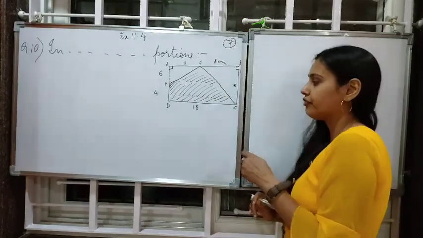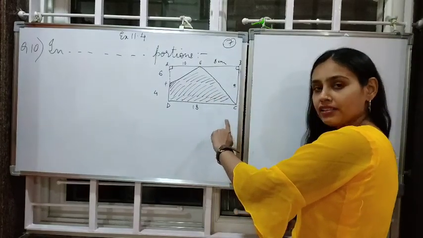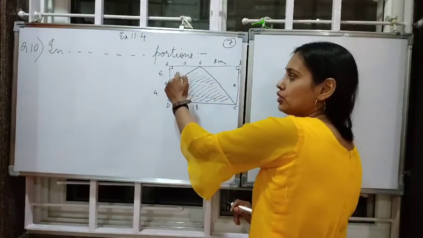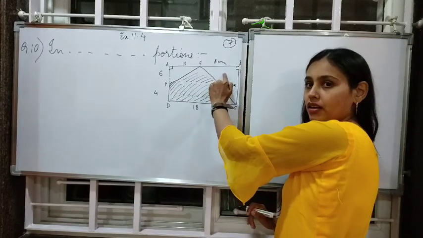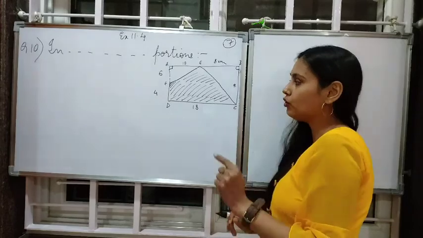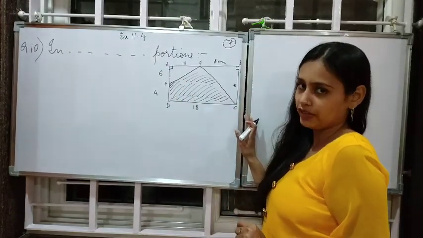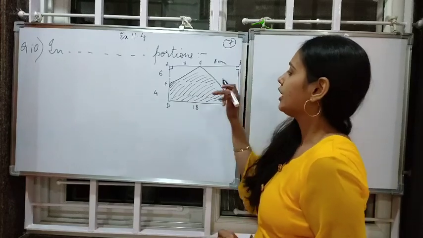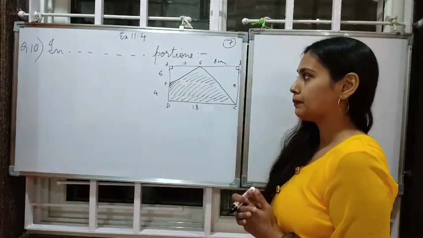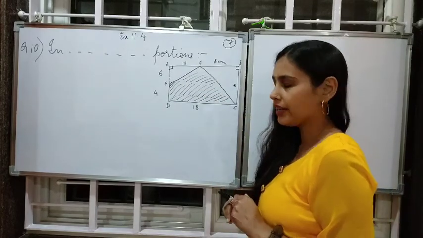So, if we find out the area of this rectangle and minus the area of this triangle and this triangle, we will get the area of the shaded portion. Okay, so what we will do? We will find the area of this rectangle, very simple, length into breadth. Then we find the area of this triangle, that is AFE, half base into height.